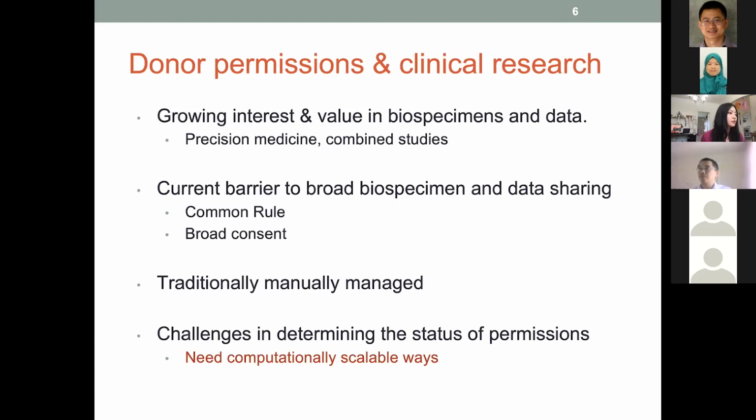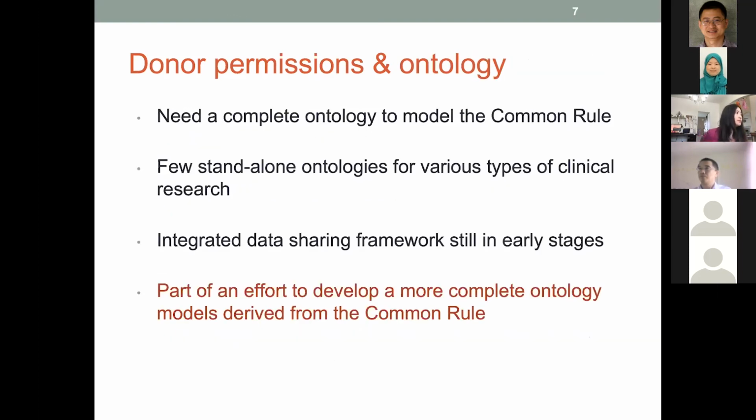And even with recent efforts to move this electronically, with electronic consent approaches, it will still not be possible to easily discover and then determine the status of permissions and constraints on sharing specimens or data without some sort of computationally scalable way of querying for information about those permissions and constraints.